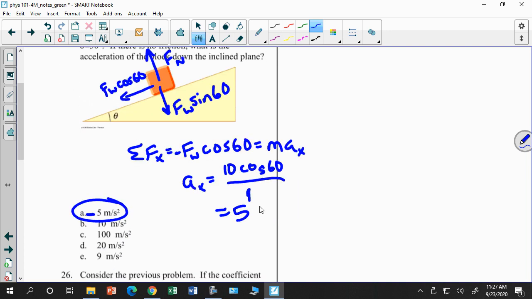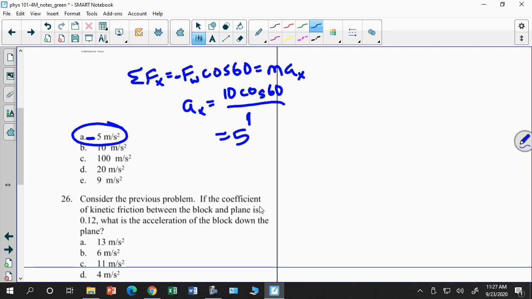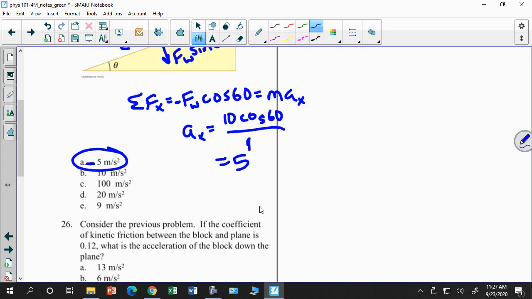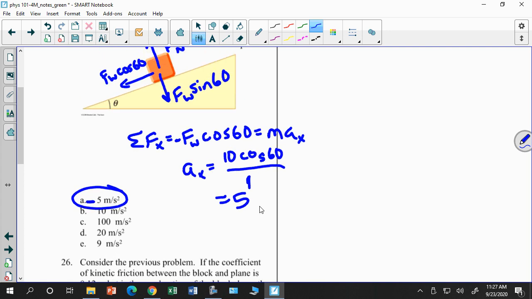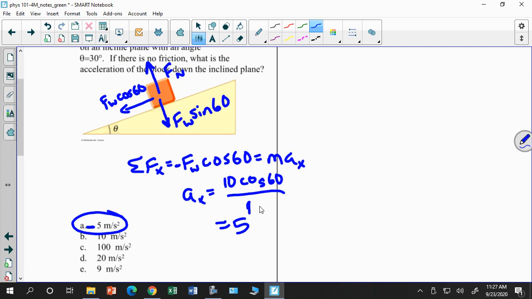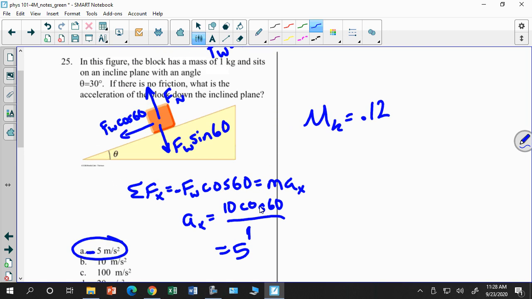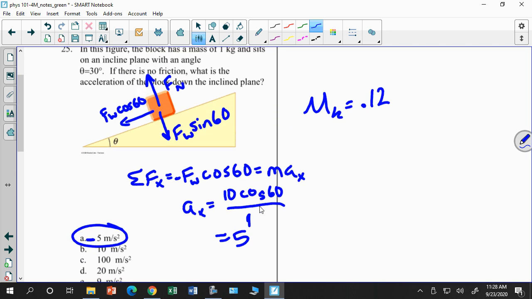Okay, so that was really just a setup for the next problem, where the coefficient of kinetic friction, mu k, is equal to 0.12. Now what is the acceleration? So now I'm going to add a vector here that is fk. I need to figure out first what is fk. In order to do that, I have to figure out what is Fn.